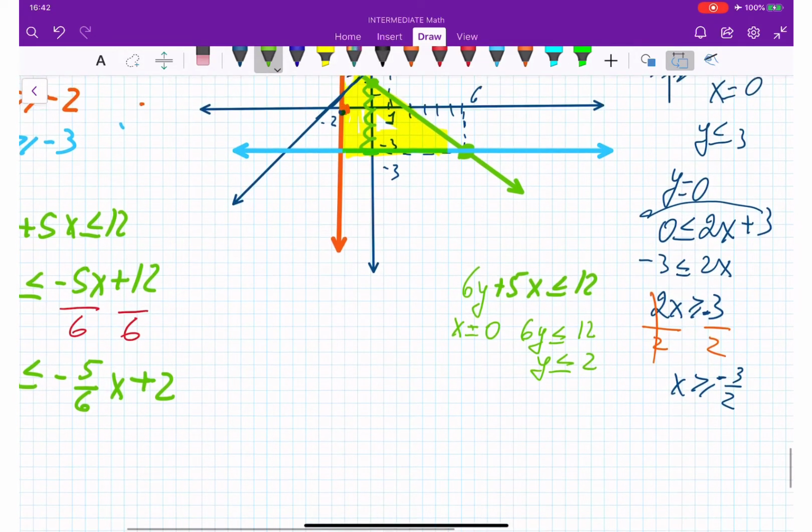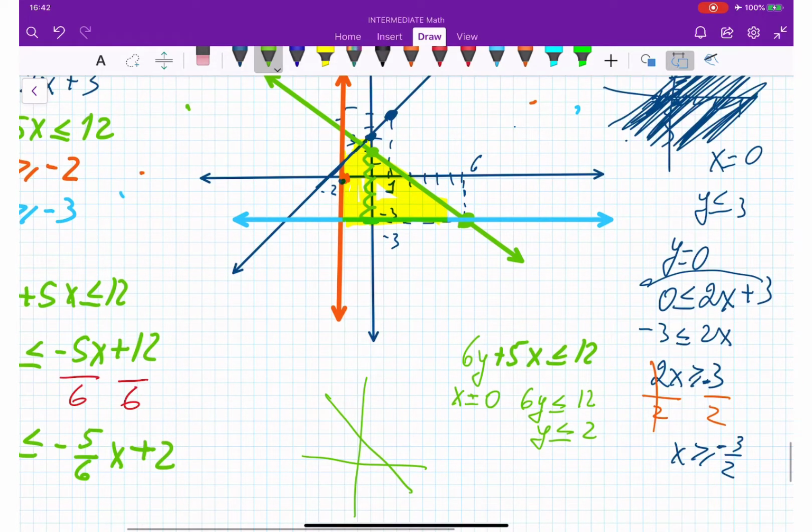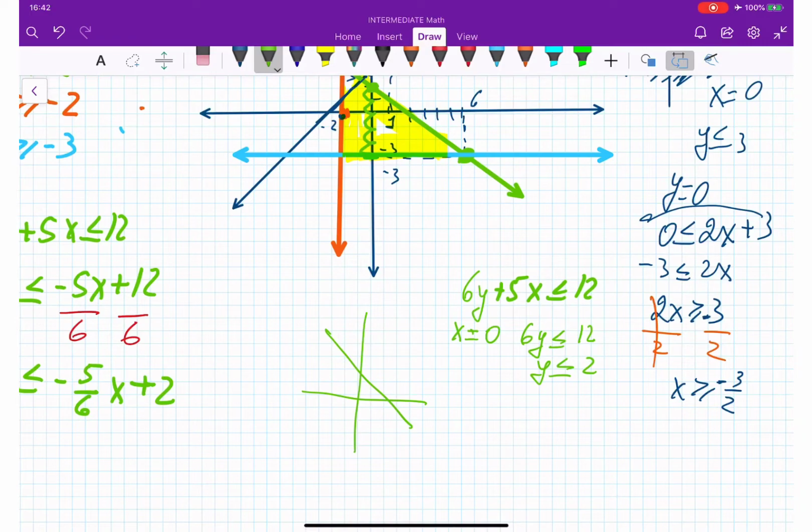Okay, where is my green graph? The green graph is going like this. So less than 2, if this is my 2, it's going to come down. And if y is equal 0, I get 5x less or equal 12. And x is going to be less or equal 12 over 5. 12 over 5 is 2 and 0.4. This is 2 and 0.4, and it's going to be less. So if this less than 2 comes this way, x less than 2.4 comes this way. So the entire graph goes this way.